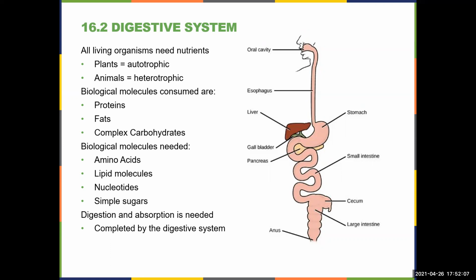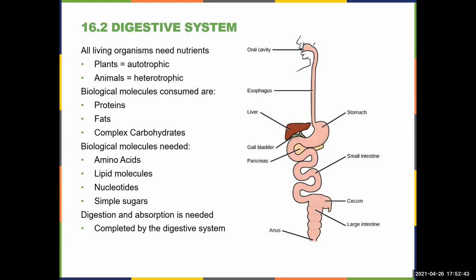And if we look at the different components of the digestive system, we have our oral cavity, which is where our food goes in, travels down the esophagus into the stomach, which then moves into the small intestine and then the large intestine, and then we release the waste out of our anus. Now, there are also accessory organs, the liver, the gallbladder, and the pancreas. And we'll talk about each of these different structures as we move through this video.